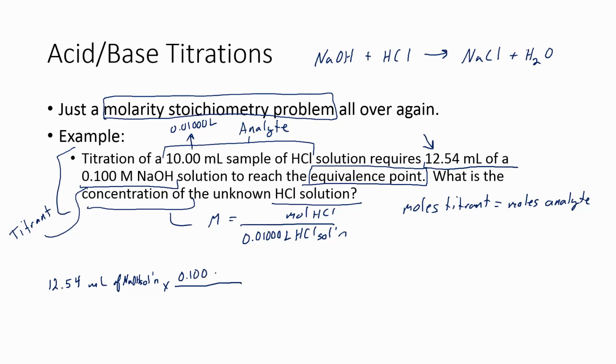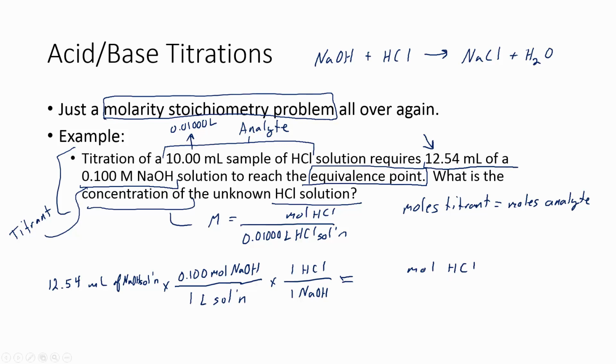So let's calculate our way across using the molarity of the sodium hydroxide, just like we would with any stoichiometry problem that included solutions. And we have a 1-to-1 ratio between the analyte and the titrant. And that should get us moles of HCl.